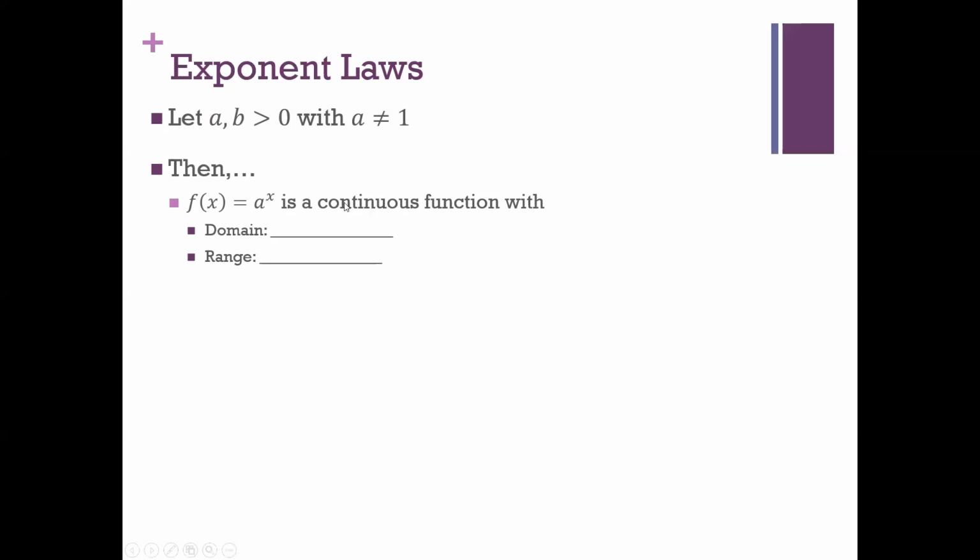If I have a function f of x is equal to a to the x, what's the domain of that function? I got 1 vote for 0 to infinity. So you're saying that x has to be positive. Okay, so you're saying x cannot be negative.